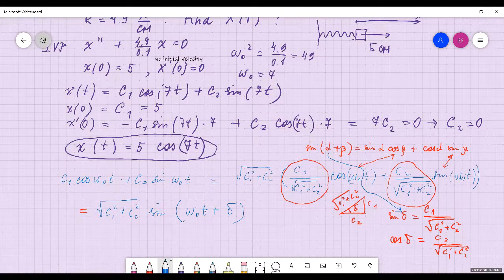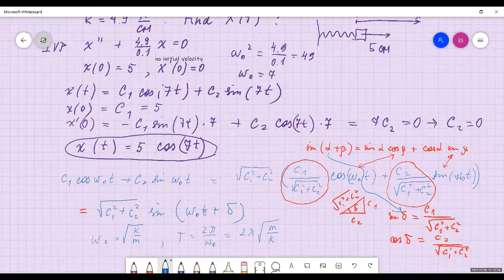What else do we need to know about undamped motion? Well, we know that frequency, let me write down the frequency one more time. The frequency is a square root of k over m, right? And if you guys remember, the period is 2 pi over frequency, right? The period of the motion, and that's going to be 2 pi, and I'm going to flip this fraction over, m over k, which means that heavier mass is going to oscillate with longer period and harder spring is going to oscillate with a shorter period.